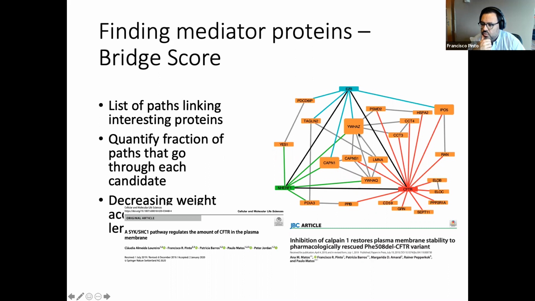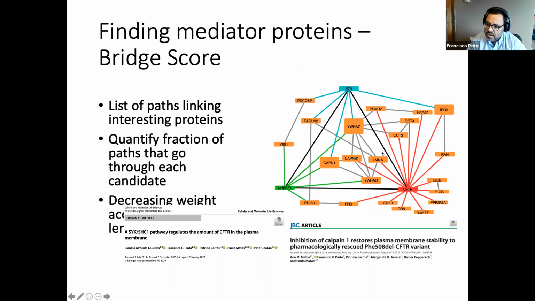And we are going to rank these proteins according to the possibility that these other proteins have to mediate the interactions between these 3 proteins. So the thing is that we list all paths linking NRF to ESRIN, CFTR to ESRIN, NRF to CFTR. So alternative pathways to link them, they are directly linked, but they can also be linked through other proteins.